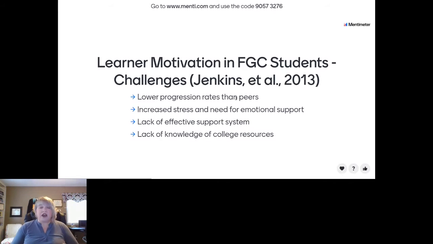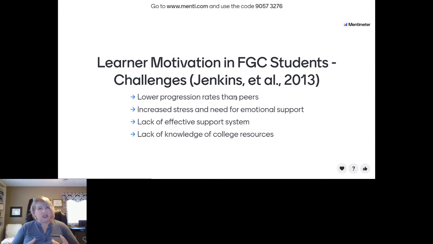Now, many first-year students at the community college are first-generation college students, so we need to think about all of them as if they are first generation. Studies have indicated that there tends to be a much lower progression rate in first-generation college students than in their comparable peers who have parents who do have college degrees.